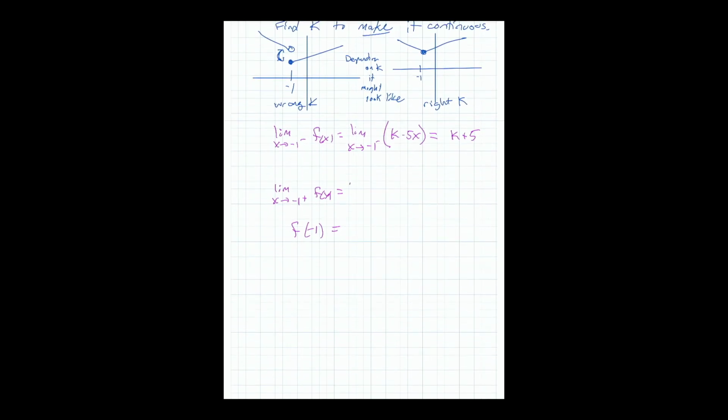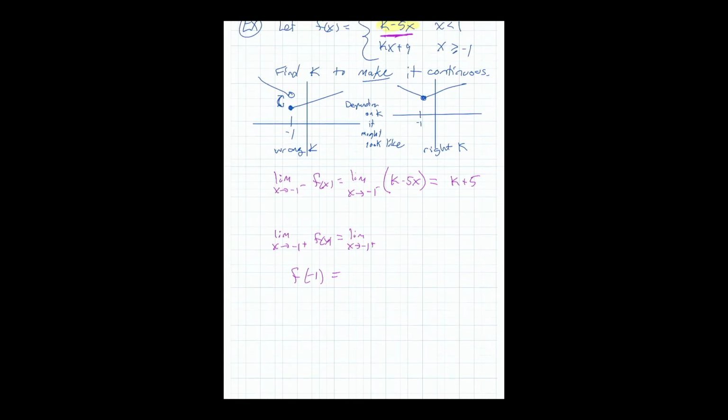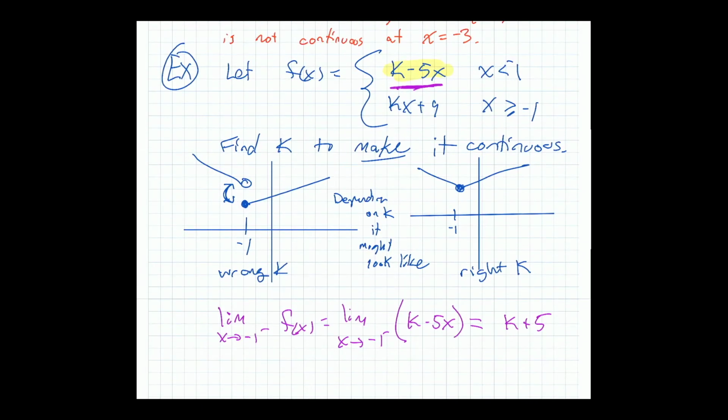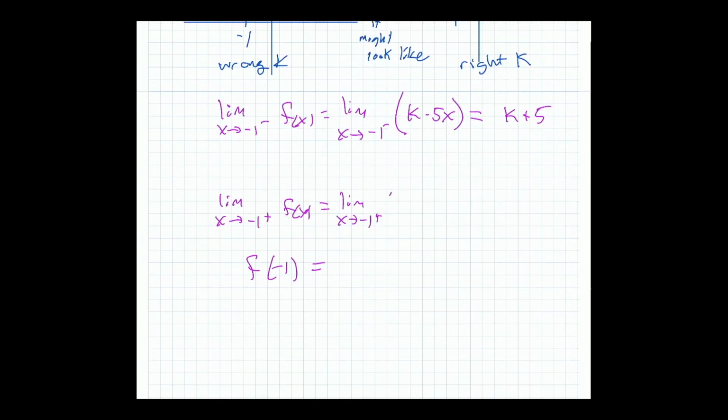For the next one, you have the limit as x approaches -1 from the right. Well, what function are we using if we're on the right side of -1? We'll be using the other one, right? kx plus 9. Put in a -1, and you're going to get negative k plus 9.